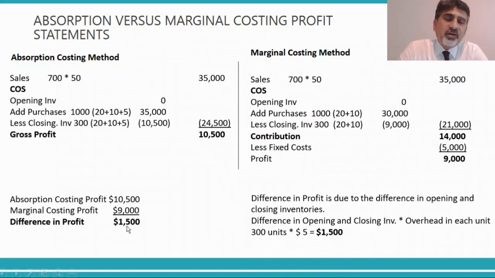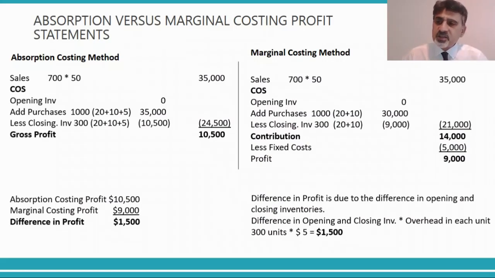So whenever your opening and closing inventories are not the same: if I had 300 units in opening inventory and 300 units in closing inventory, if opening and closing inventory are equal, then absorption and marginal costing profit would also be equal. But if there is a difference in opening and closing inventory, then there would be a difference in the profit.